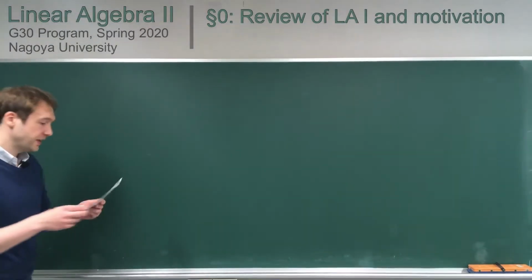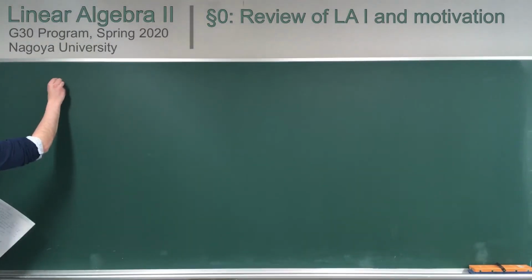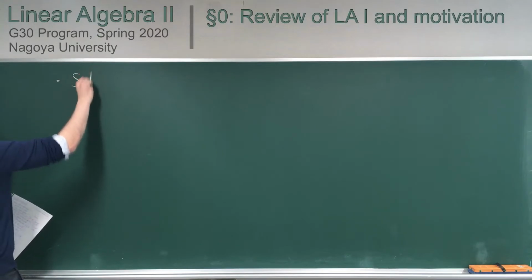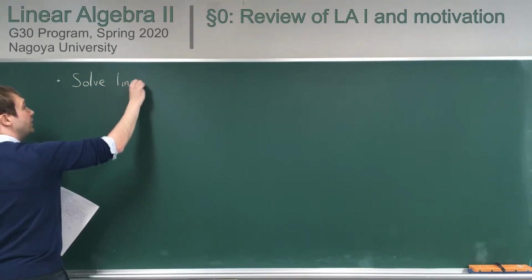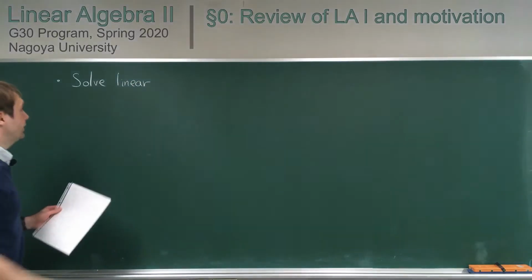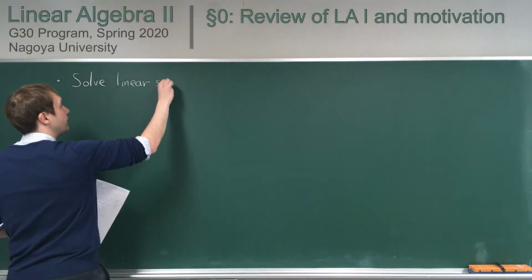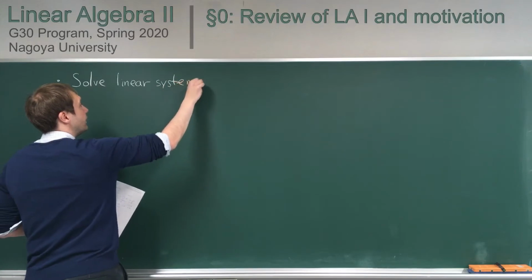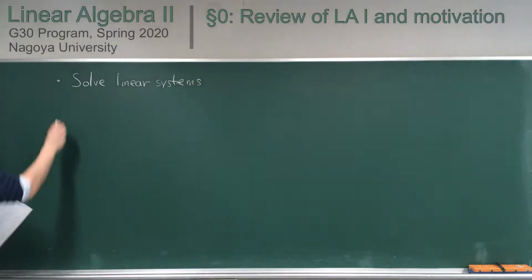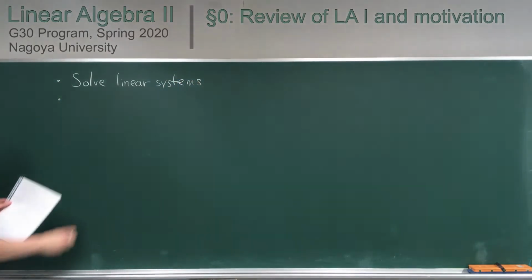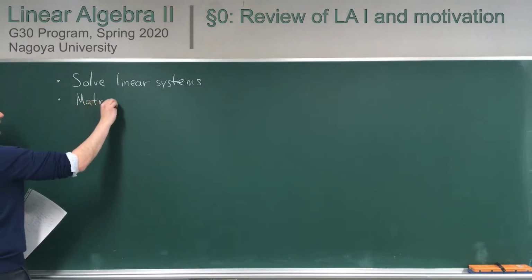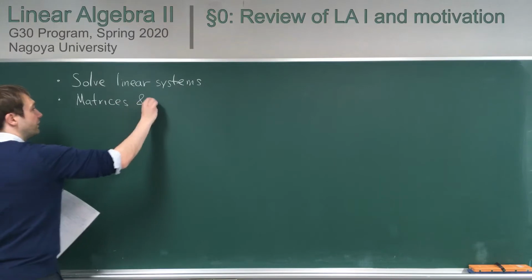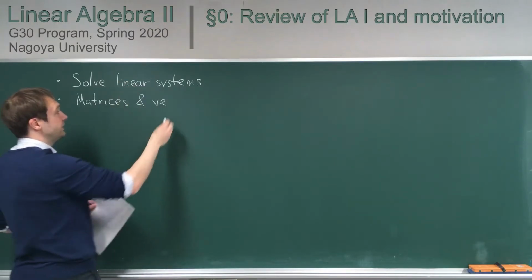So what did we do in Linear Algebra I? The first thing we did, we solved linear systems, which were just a collection of linear equations. And then, after this, we introduced matrices and vectors to describe these linear systems.